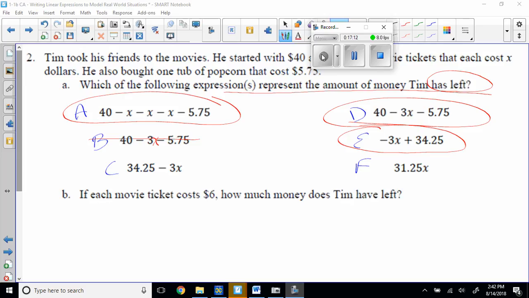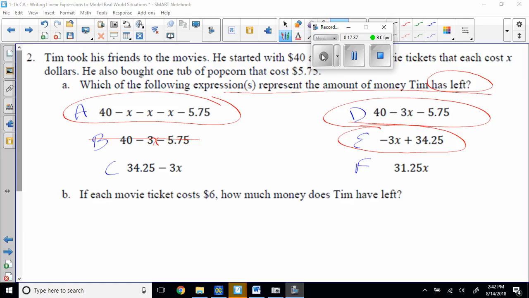Ladies and gentlemen, what is the difference between C and E? What do you mean they switched it around? One's negative? Oh, they switched the numbers around. Okay, so look at the numbers in E. Tell me their values with their signs. E, read the first one.